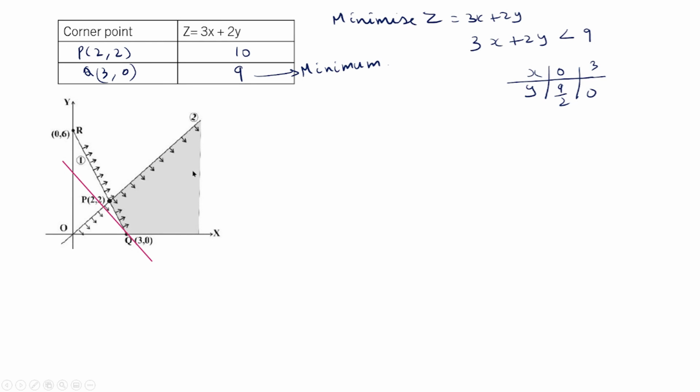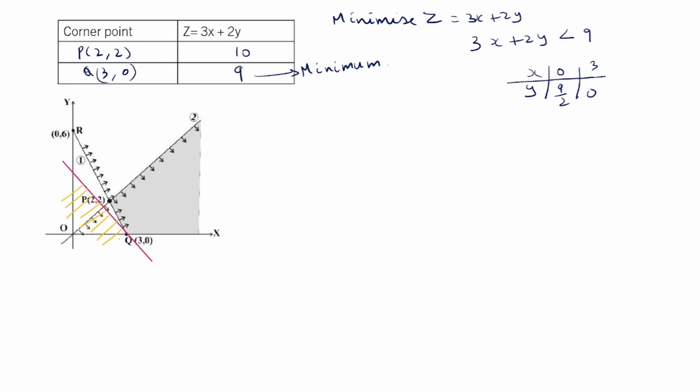Here since the feasible region is unbounded and the objective function is to minimize z, we have to find the half plane corresponding to 3x plus 2y less than the minimum value. The minimum value is 9. So the region corresponding to 3x plus 2y less than 9 is, if we substitute the origin (0, 0) and check, we get 0 less than 9. So the region corresponding to 3x plus 2y less than 9 is this part.